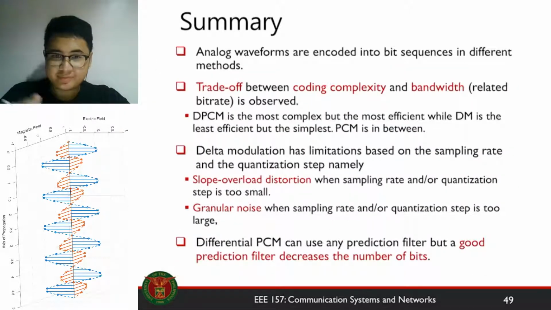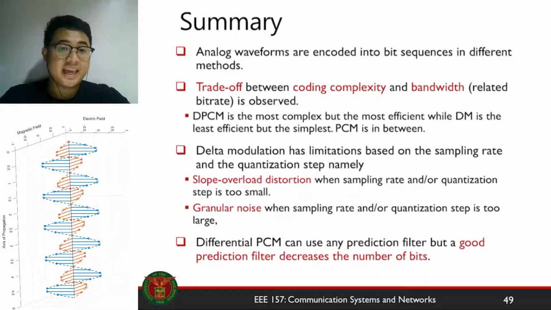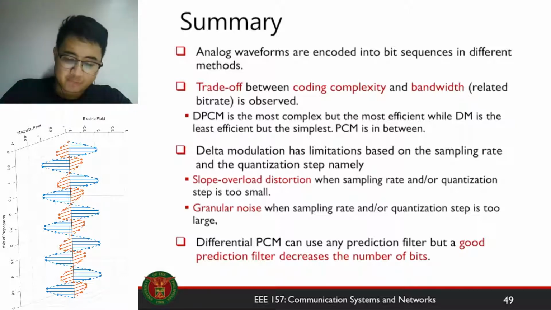Okay. So just to summarize, your analog waveforms can be encoded into bit sequences by different methods. You have different ways. I just presented 3 of those. More complicated methods exist, and they are more efficient, especially, for example, for the speech signal. I'm not an expert in speech processing, but analog waveforms are encoded into bits using the cepstral coefficients.